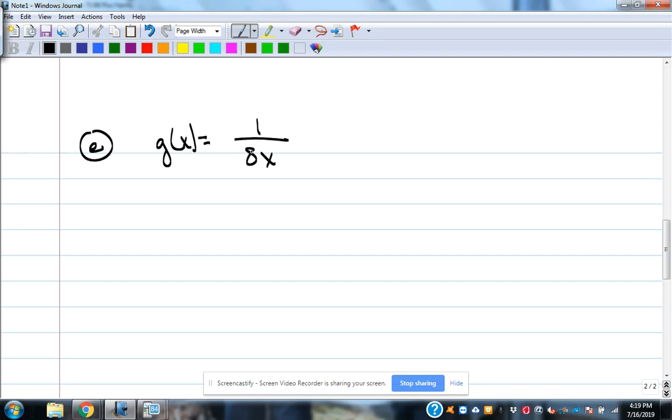There we've got that 1 over 8. What you've got to understand is that is the same thing as multiplying by 8 on the inside. So it's 8 times x on the inside of that thing. So that would be a horizontal stretch.